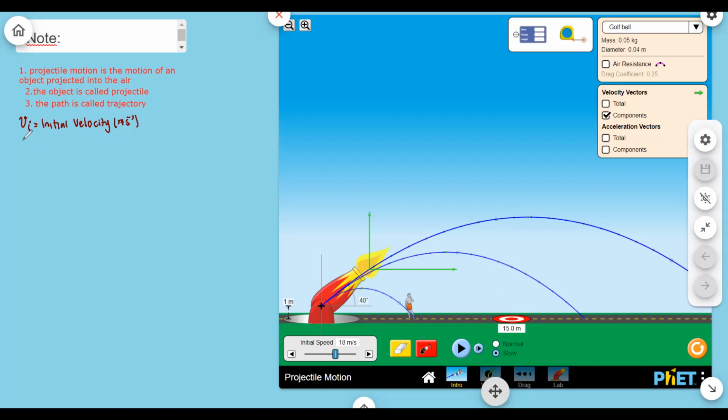And the final velocity is labeled by V, and the unit is meter second minus 1. The acceleration due to gravity is denoted by a.